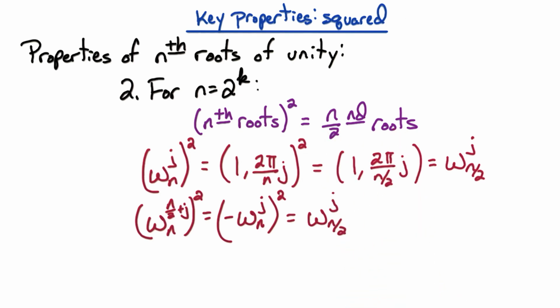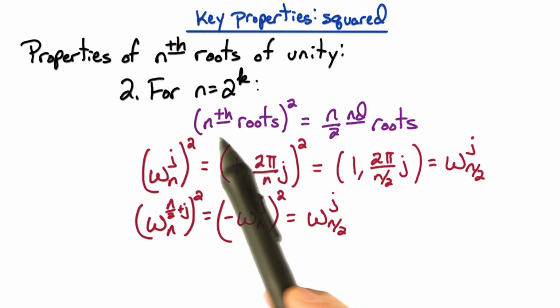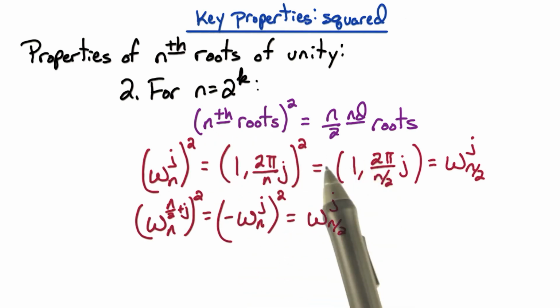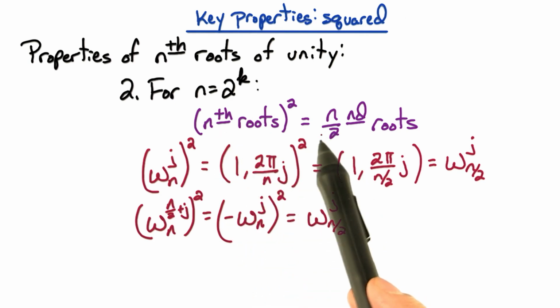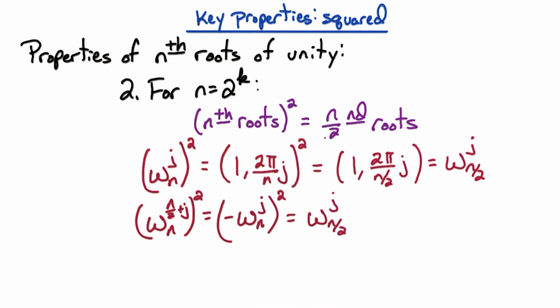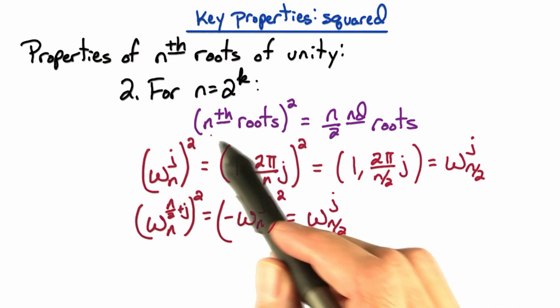So this subproblem is of the exact same form as the original problem. In order to evaluate A of x at the nth roots, we need to evaluate these two subproblems, A even and A odd, at the n over 2nd roots. And then we can recursively continue this algorithm. Now we're all set to do our FFT algorithm. And the endpoints where we choose to evaluate the polynomial A of x are the nth roots of unity.